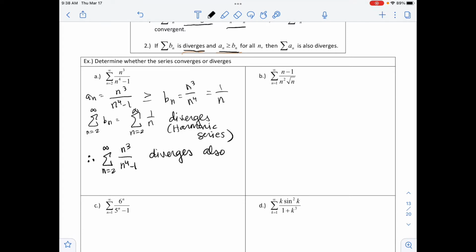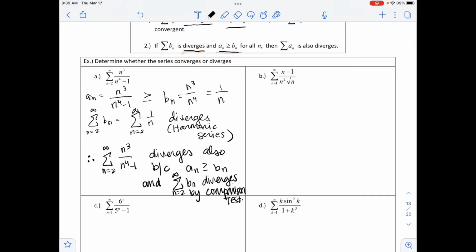And this is because a sub n is greater than or equal to b sub n, and the sum of b sub n from n equals 2 to infinity diverges. And this is going to be by our comparison test. So again, making sure to state a reason why anytime you say it converges or diverges.